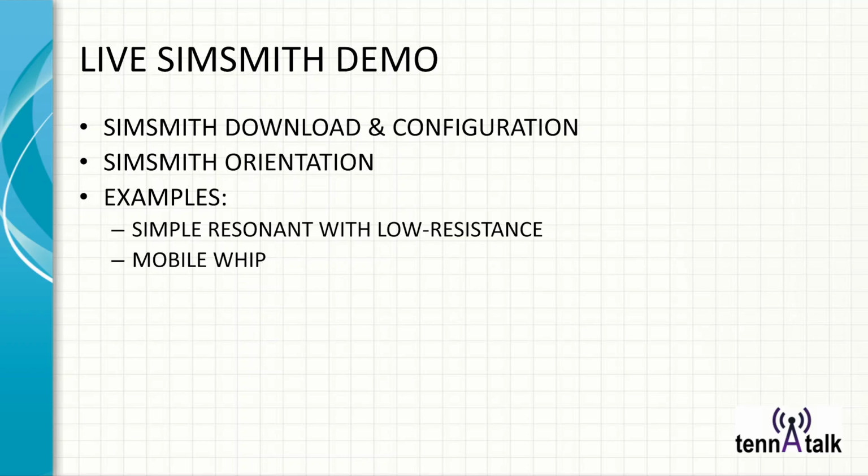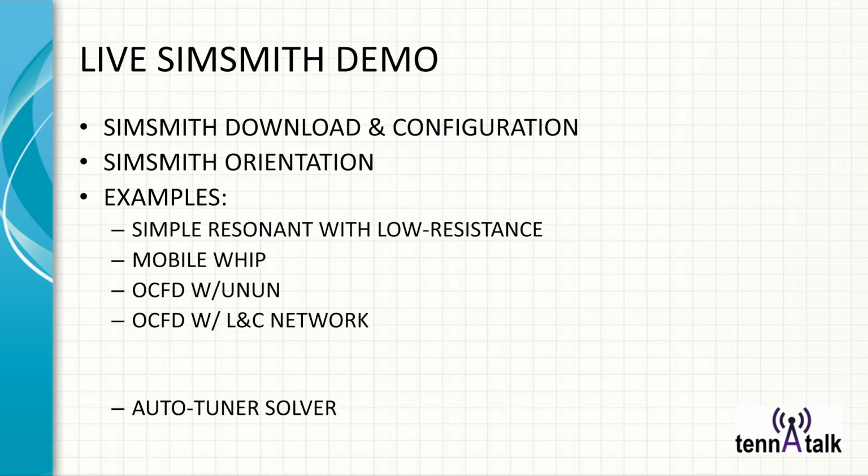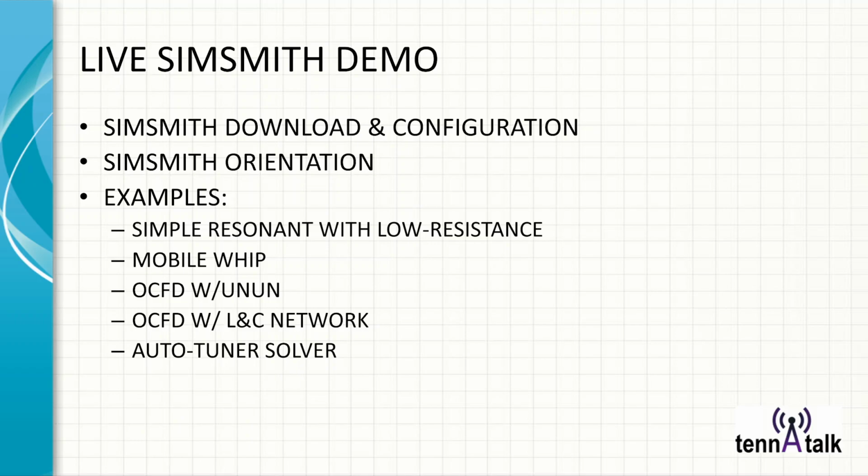We'll do an imported file of a mobile whip model, an off-center fed with an unun, an off-center fed with an LC network. And finally, we'll auto-tune the system with the built-in auto-tune solver tool in SimSmith. And then we'll talk a little bit about exercises for you to do on your own offline to really lock in some of these concepts.